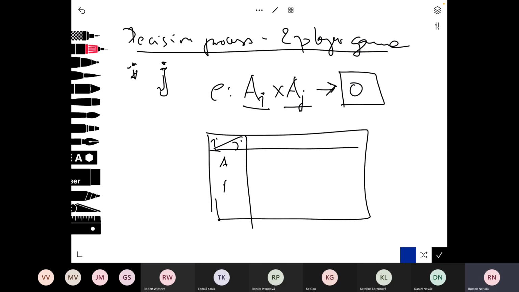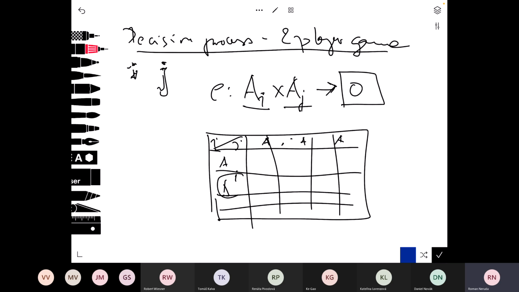Here we have the actions of agent I, and here we have the actions of agent J. For each combination, agent I is taking this action, agent J is taking this action, and here we have the outcome, which usually means some kind of number. Agent I is getting 7 from this combination, agent J is getting 5 from this combination.